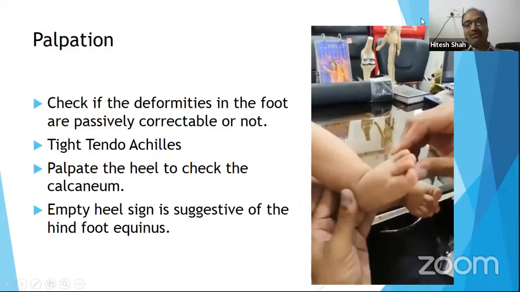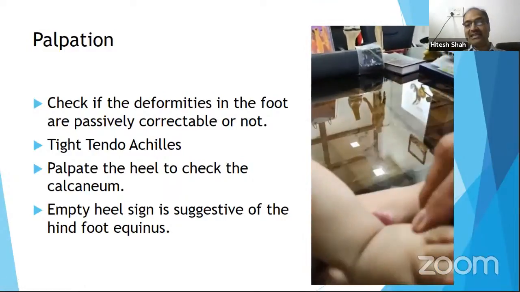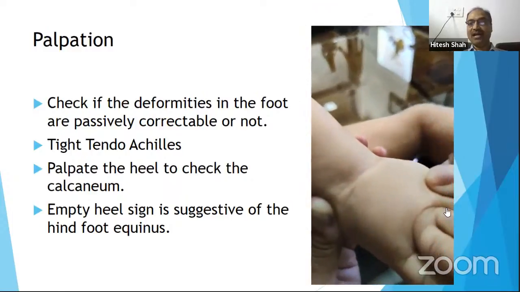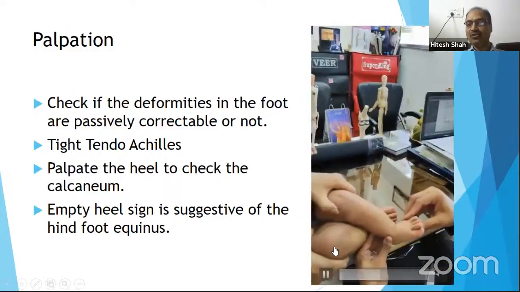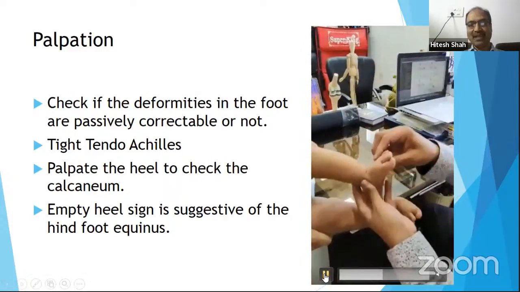The empty heel sign is suggestive of hind foot equinus. You can see it on palpation, and that has to be done in palpation.